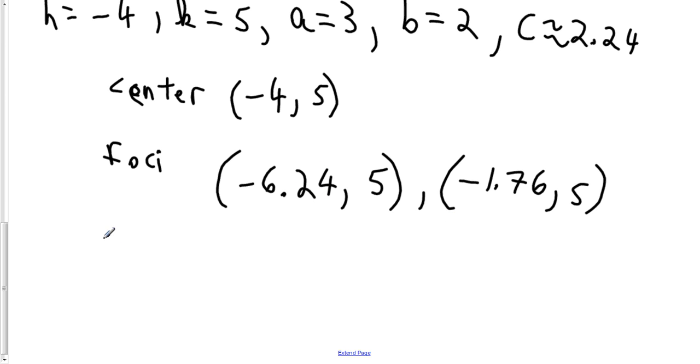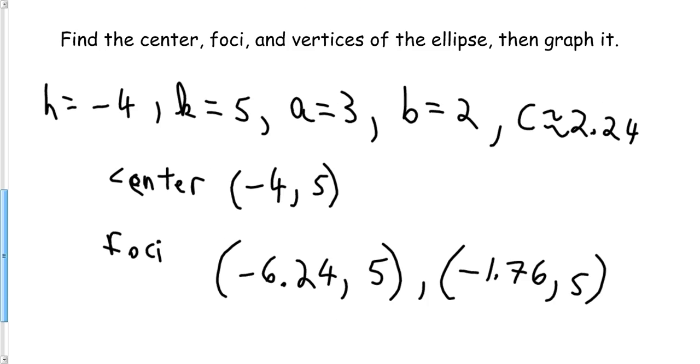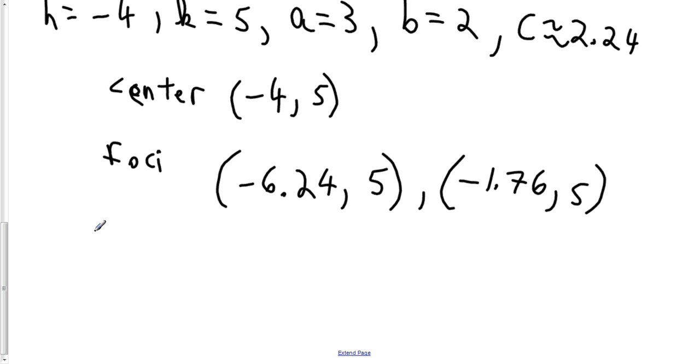Then the vertices. That's the next thing we're asked to find. So we have two kinds of vertices. We have the vertices that are on the major axis. Well, the vertices on the major axis are both a units away from the center. And since the major axis is horizontal, they're a units horizontally.